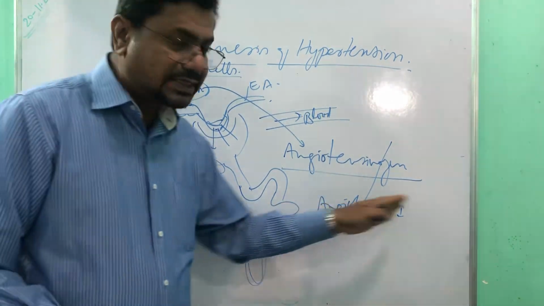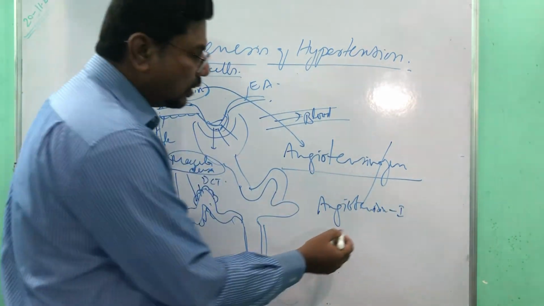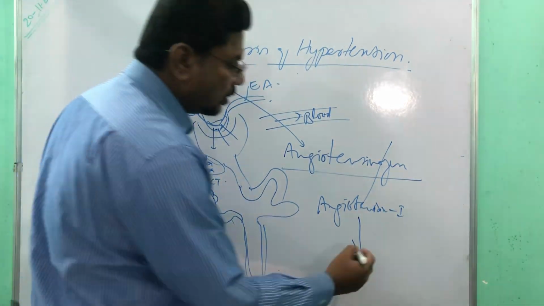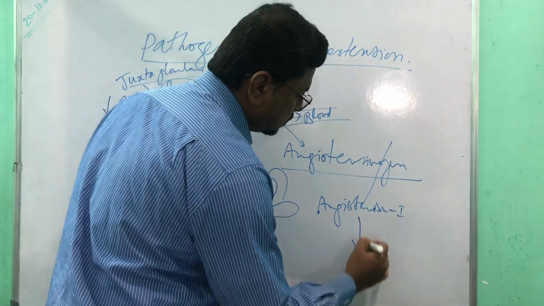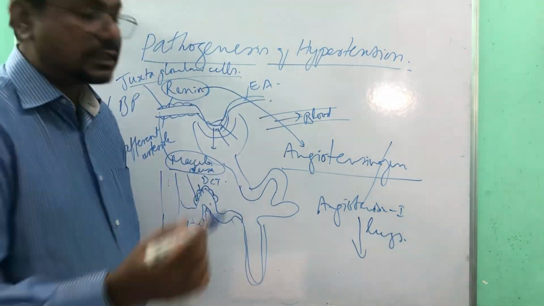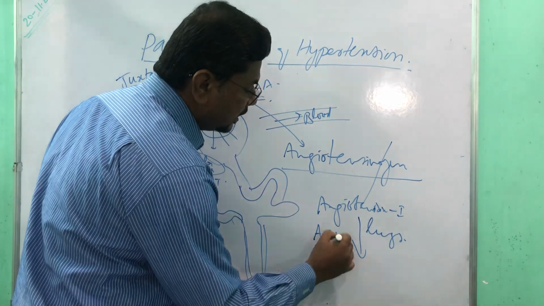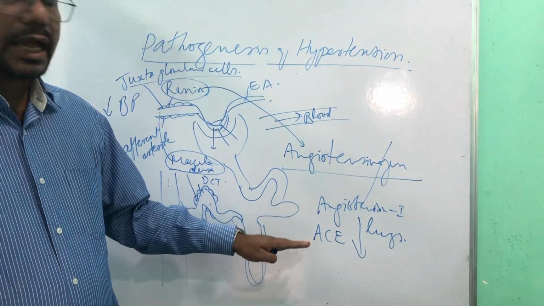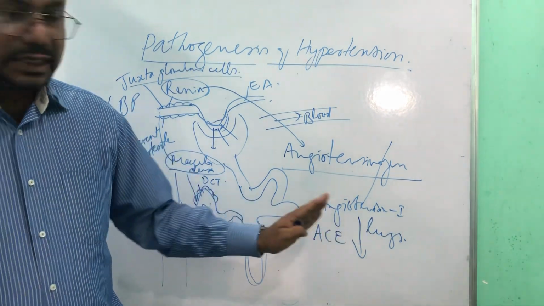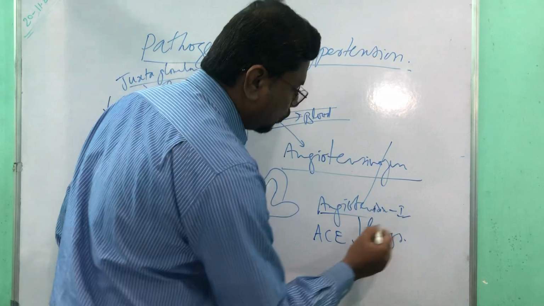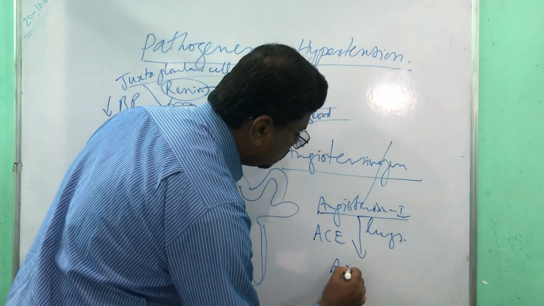Okay. So this angiotensin 1 will circulate in the blood and go to the lungs. In the lungs, there is another enzyme called ACE. What is ACE? Angiotensin converting enzyme. This enzyme will convert angiotensin 1 to angiotensin 2.